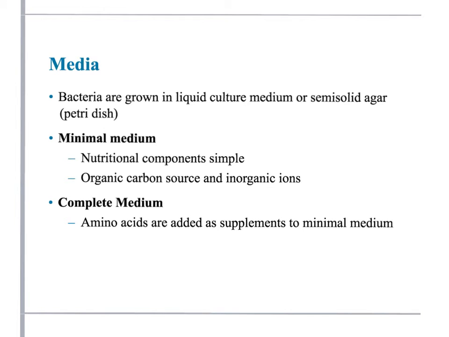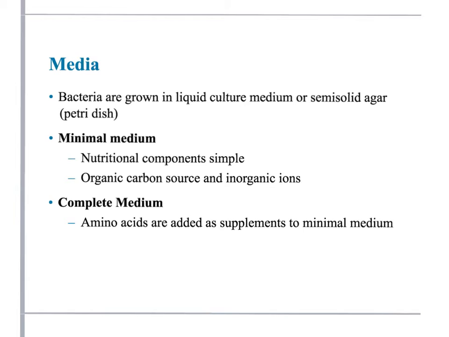And then your medium can be a minimal medium, which has just the bare basic nutritional components, very simple components. It could be one organic carbon source or an inorganic ion, typically in there, that's going to feed your specimen.